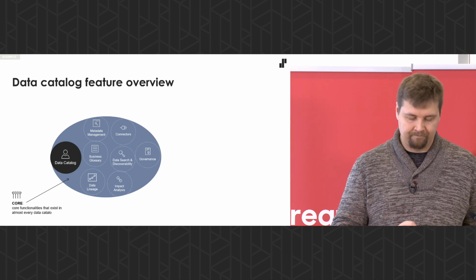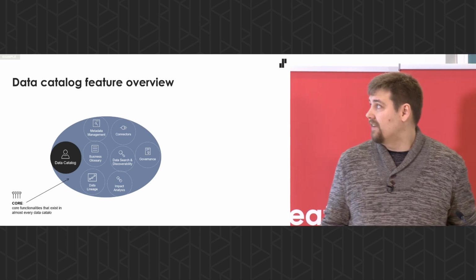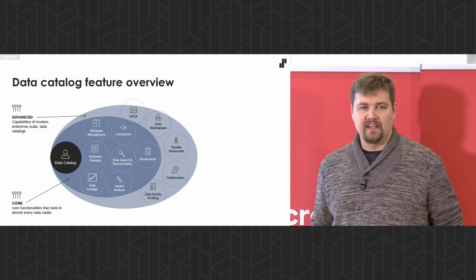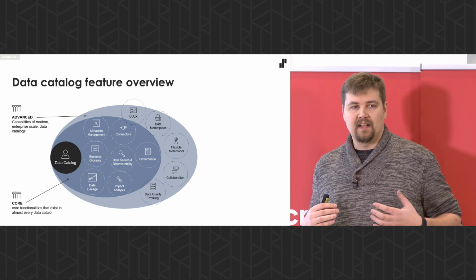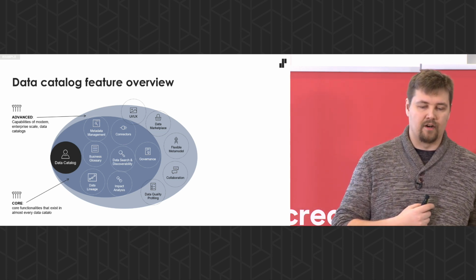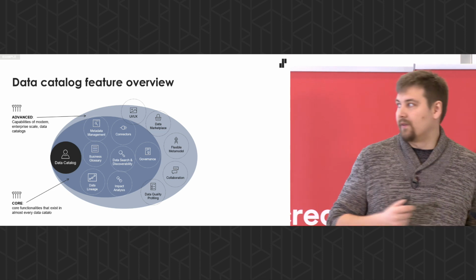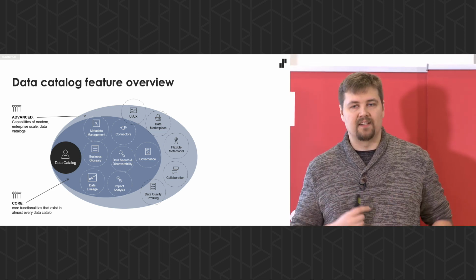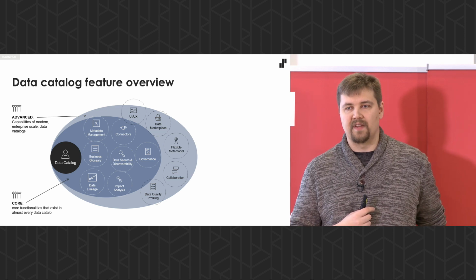And then the next layer is these more advanced features. This is something that really starts to differentiate the different vendors from each other. The first one is UI and UX, so putting emphasis on the user interface and user experience.